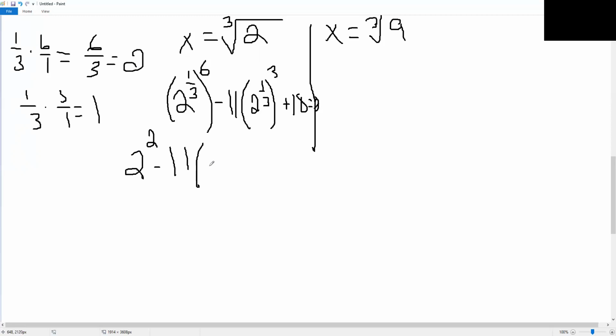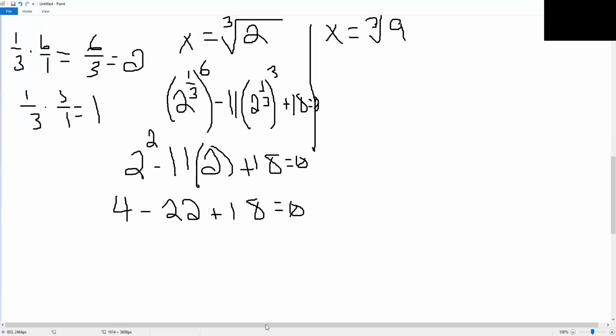So we have 2 squared minus 11 times 2 plus 18 equals 0. Now 2 squared is just 4 minus 22 plus 18. And if you get your handy dandy calculator out, you'll see that 4 minus 22 equals -18. And you add 18 to it, and you are at 0. So 0 equals 0. So we checked our work, and it checks out good.